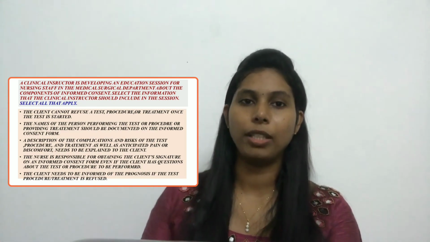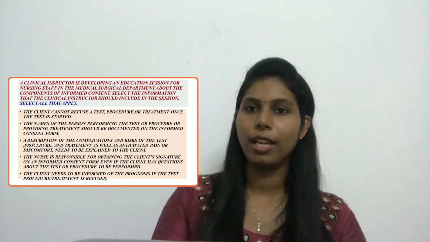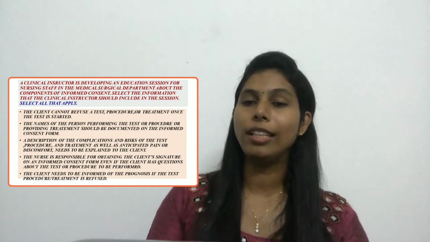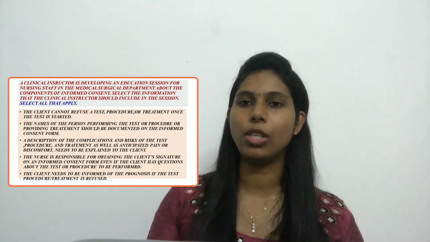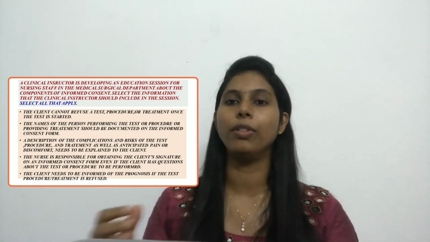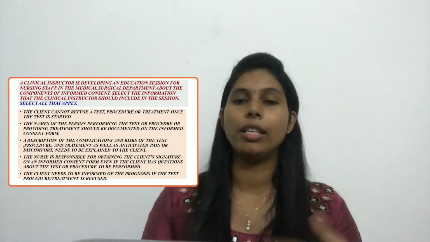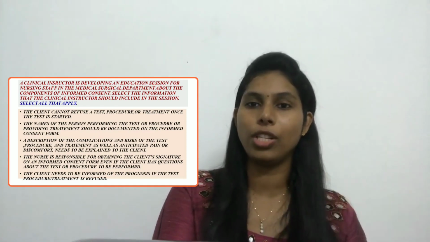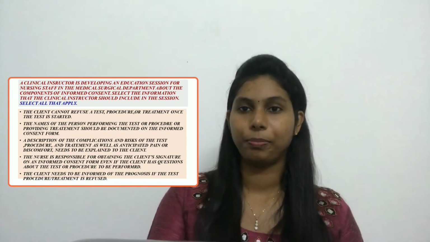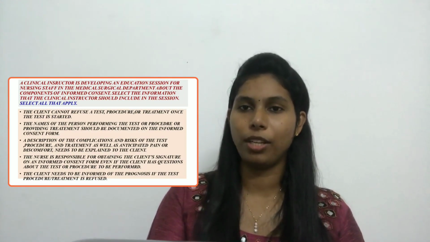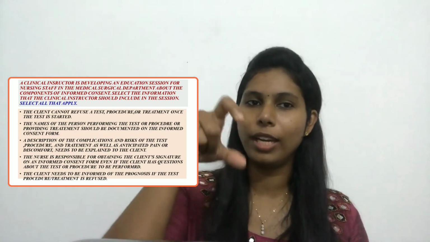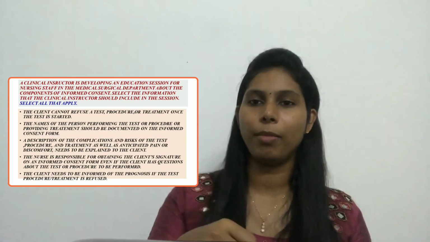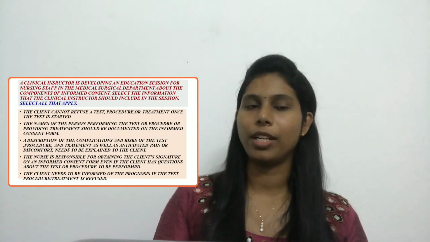That also should be informed to the client. Then they will think, okay, if these are the complications, I will go with the surgery, or I will see what other alternative measures could be better than the surgical option. So that also should be included in the teaching session about the components of informed consent.